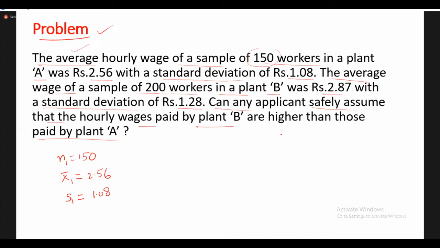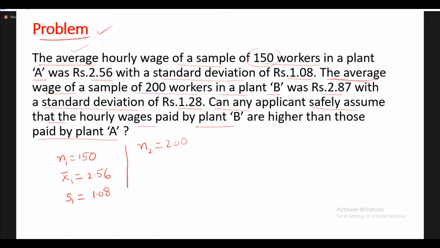See, the problem is not completed. The average wage of a sample of 200 workers, n2, another sample, in plant B. Plant A is one population, right? Plant B is the other population.